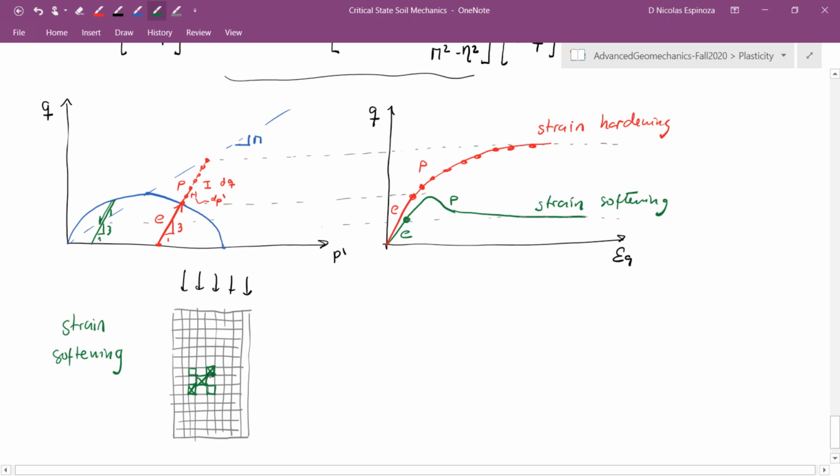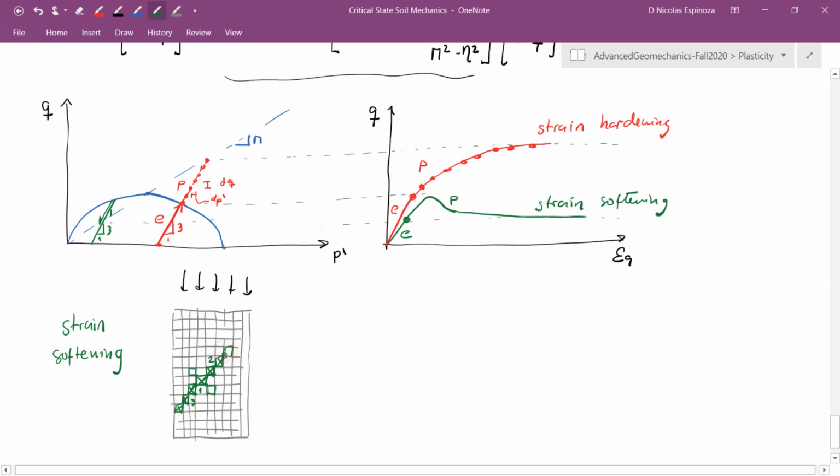But if, let's put numbers here. If 2 and 3 are taking new load and they were already close to the peak, then now they're going to be over the peak. And if they are over the peak, they are going to break too. And if they break, they will transfer the load to the adjacent grid blocks.